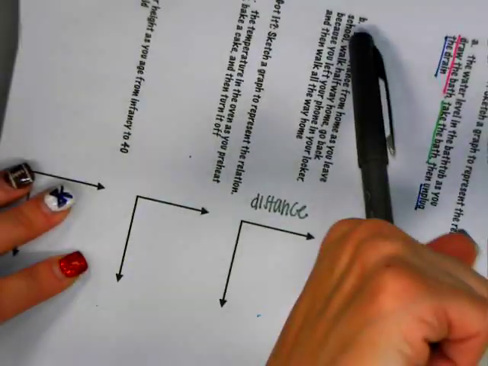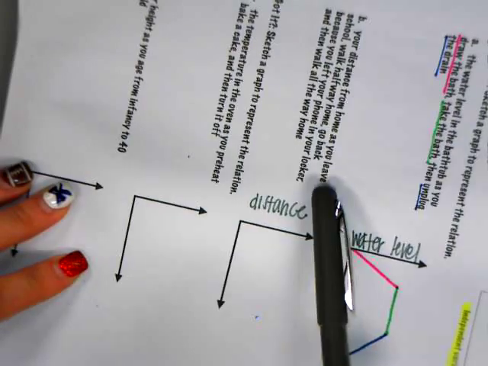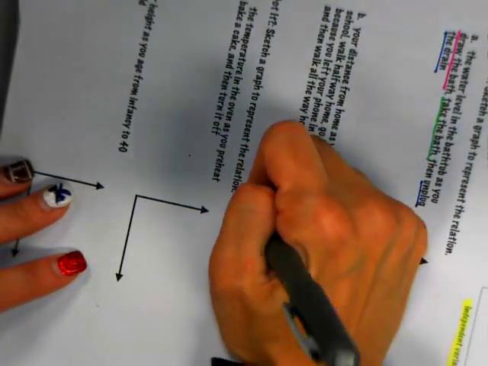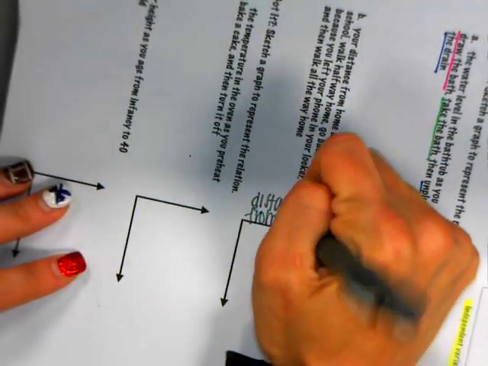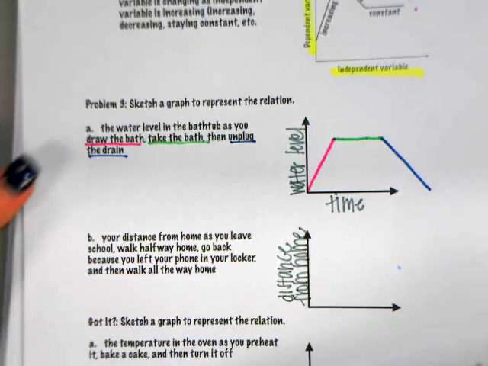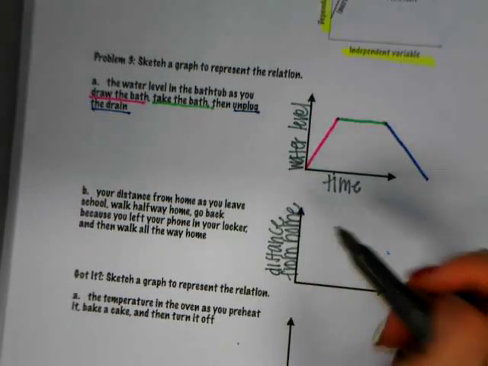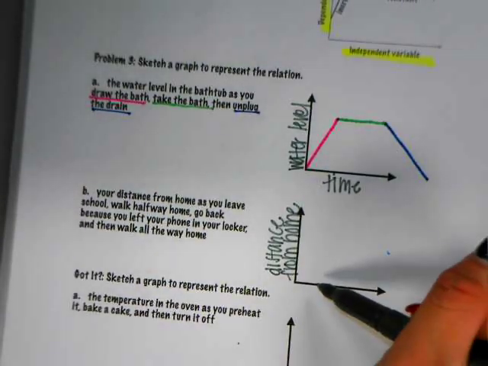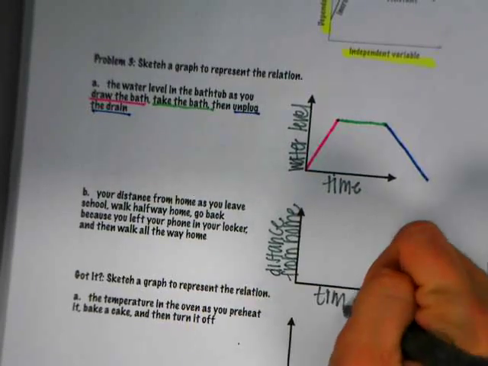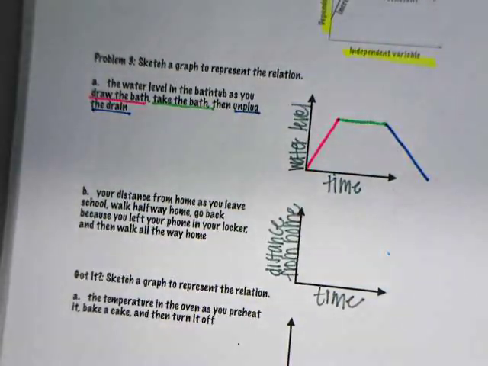What does it say? What are you measuring? Your distance from home. Yep, distance from home. Because that's going to determine where we start on the graph, if we're going to be far away from home or not. And then the bottom is we're just going to keep time.